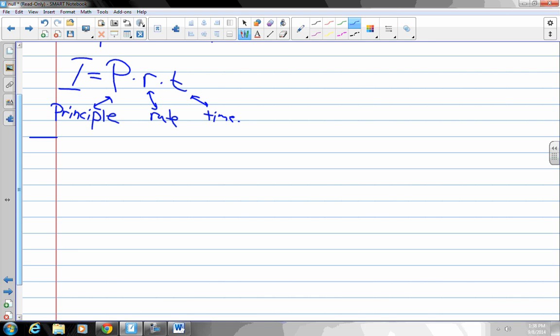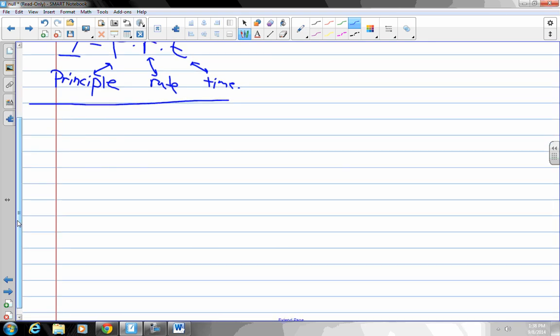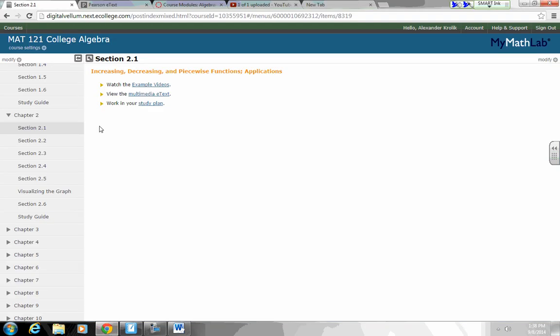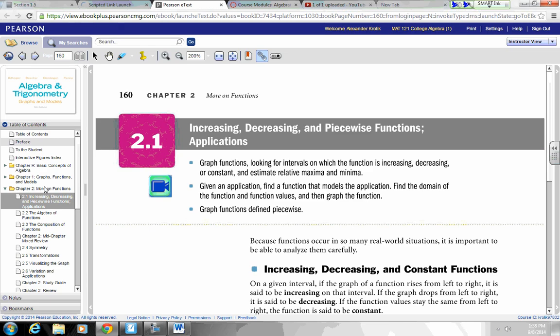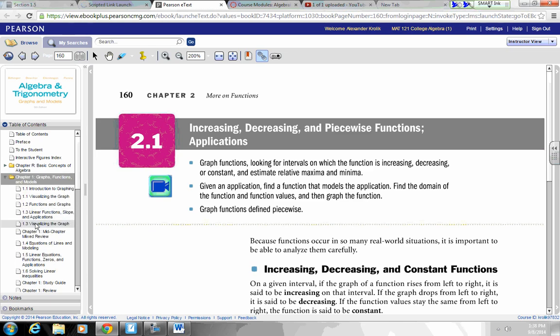So let's do a few examples. We're going to pull problems out of your book. I had a few I wanted to do. So 46. We kind of played with commission, I think, earlier. So section 1.5. Oh, I could have just done it from here.